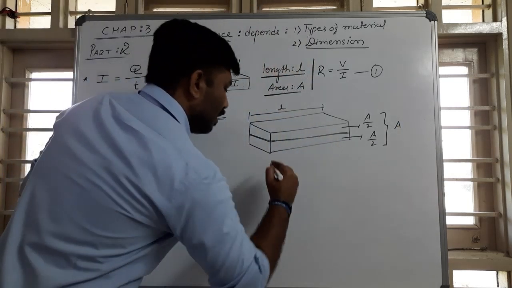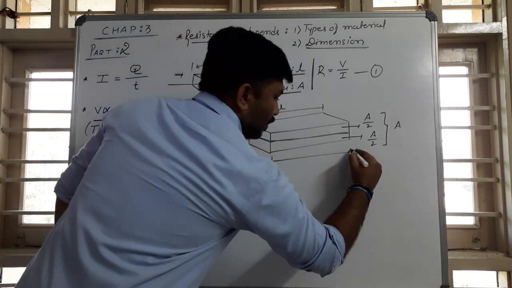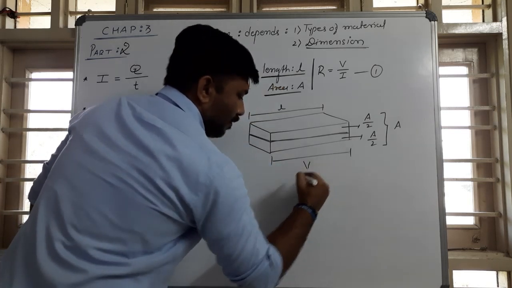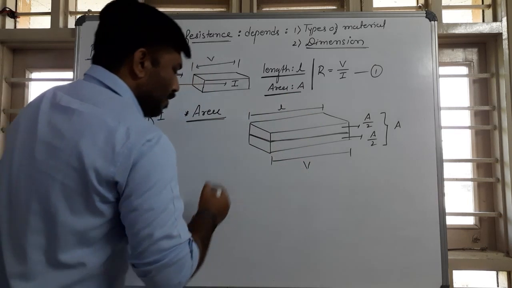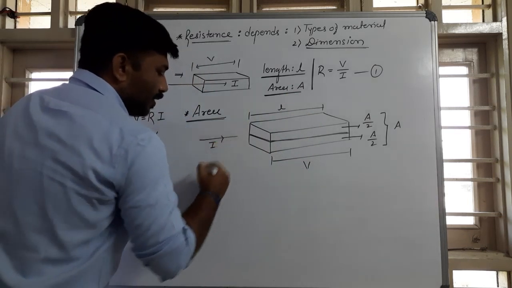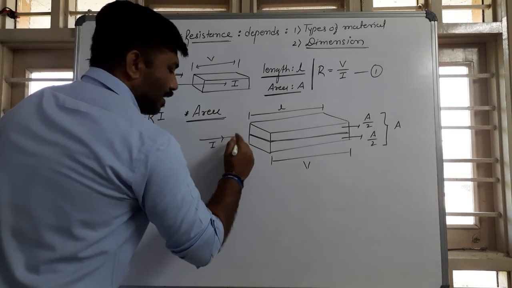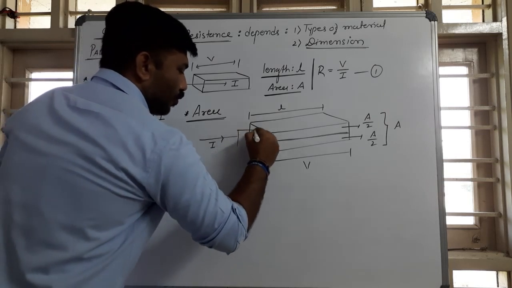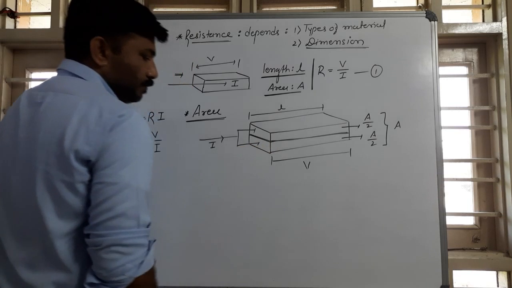The electric potential across the conductor is V, but when we pass electric current I through the conductor, that electric current is divided into two, right?